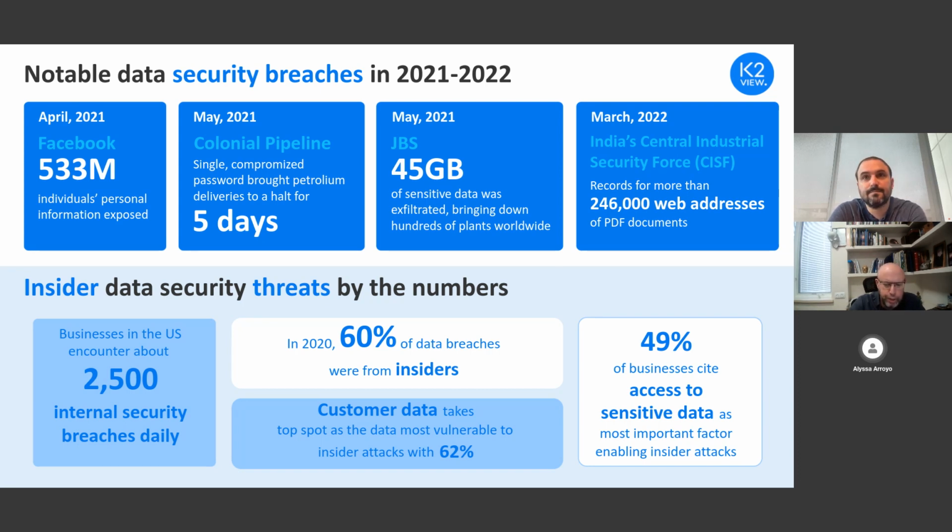What we see is a jump of 70% from the previous year to 2021 in the number of data breaches. It's not only the number of breaches, we also see a growing number of internal threats. According to some researchers, 60% of data breaches in 2020 actually were coming from insiders, as you can see here.